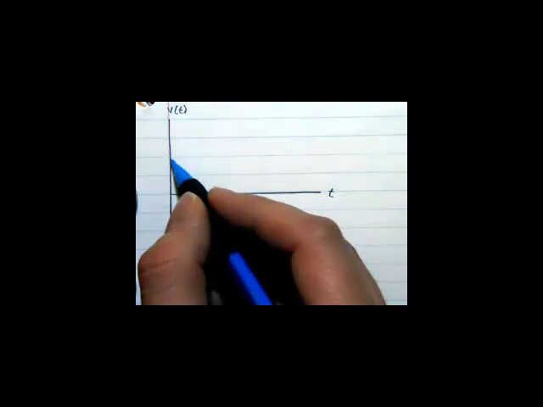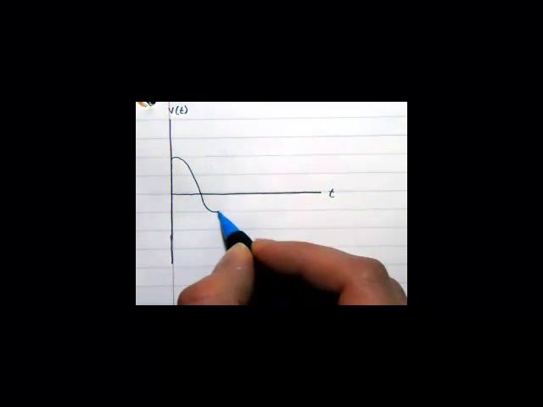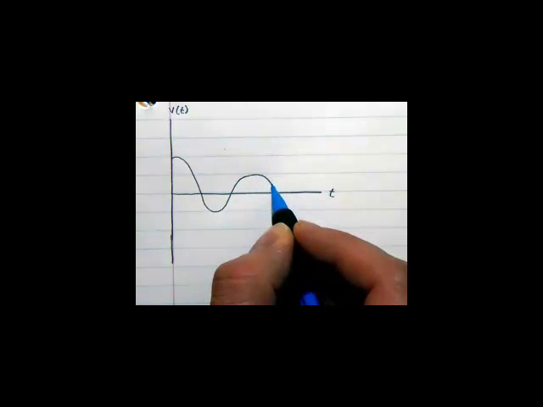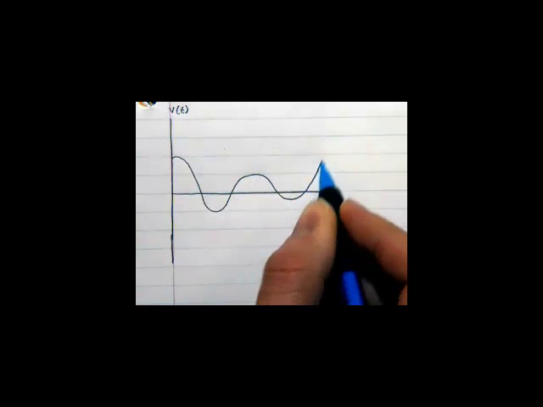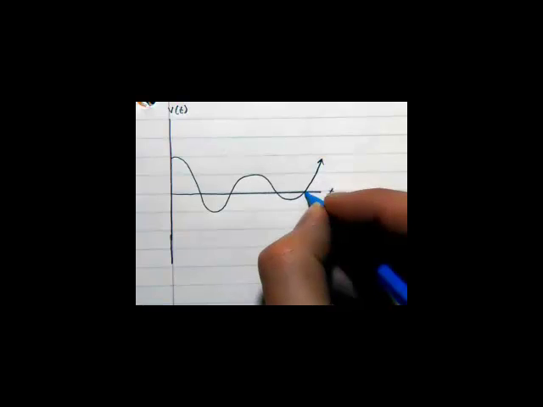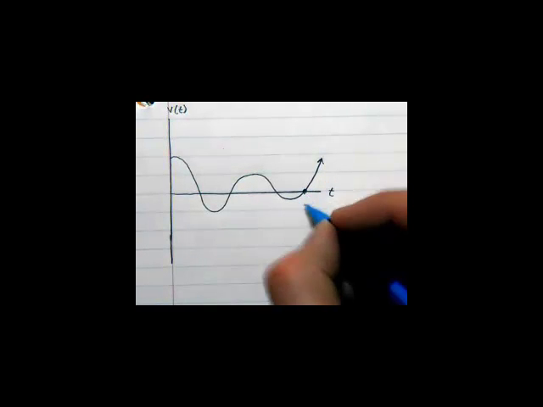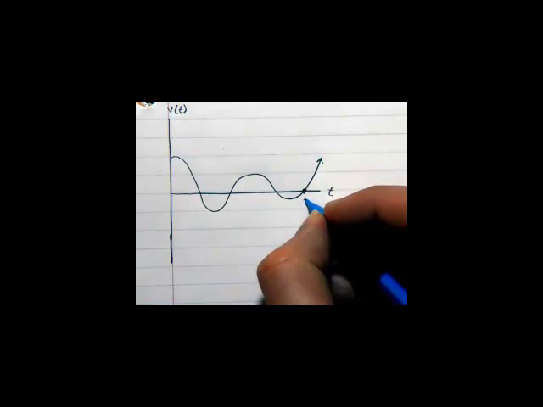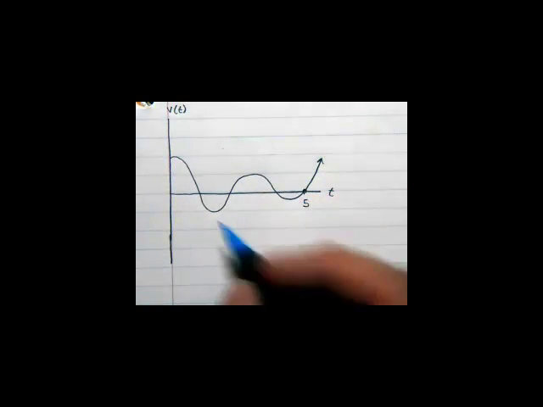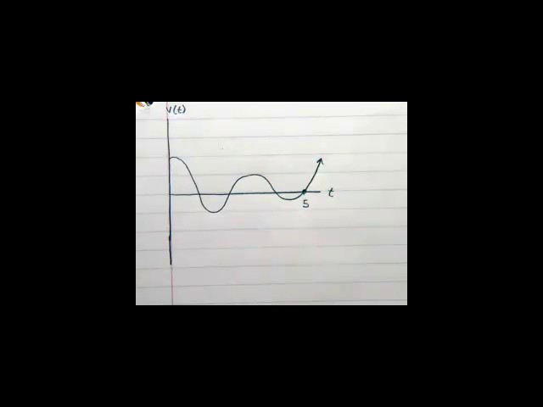All right, so let's say we've got this function, and this is going to be time, and this is going to be velocity. And let's say this is at 5. Okay, and then I'm not going to tell you the function for that, but we have some area here.